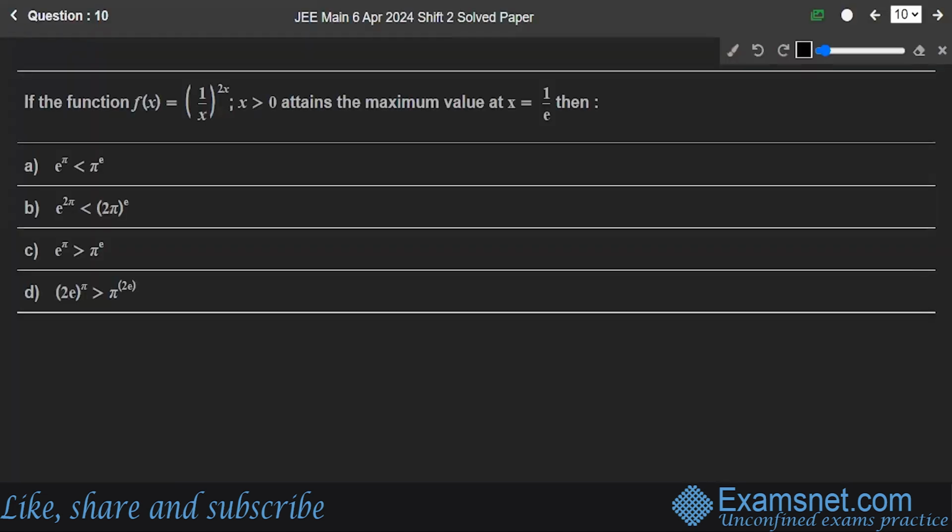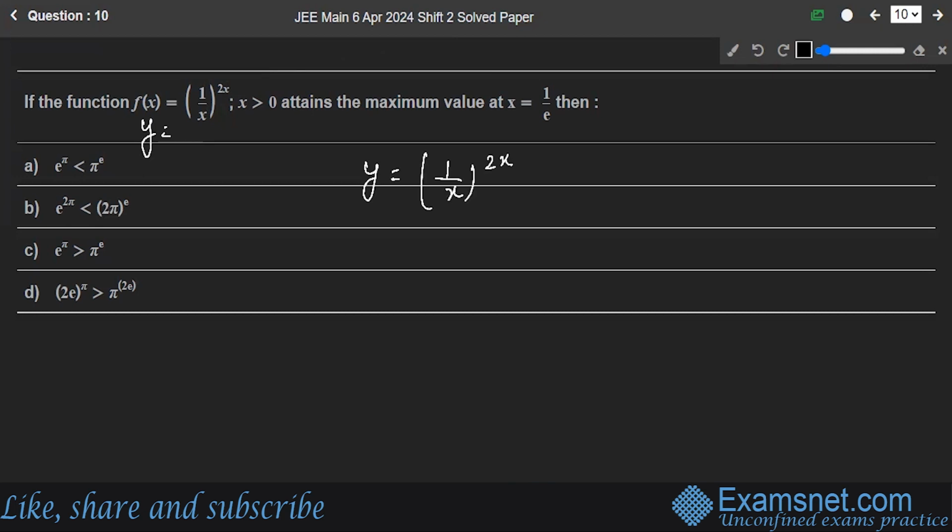Question number 10. If the function f(x) is equal to 1 by x raised to power 2x for x greater than 0 attains the maximum value when x is equal to 1 by e, then which of the following is true? So let's say this is equal to y. You have y is equal to 1 by x raised to power 2x.